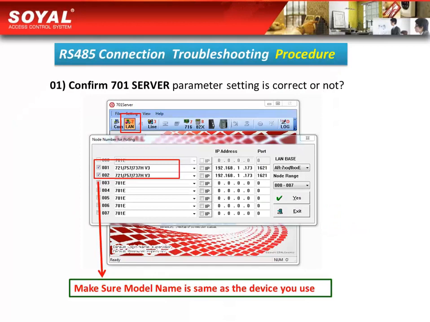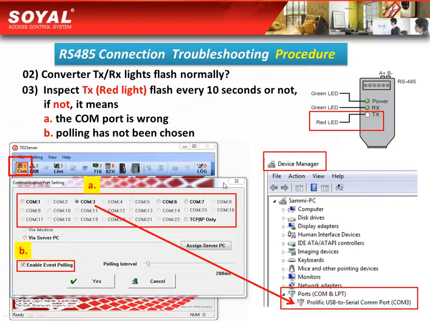If you find that your RS485 connects unsuccessfully, here are the solutions. First, confirm whether the 701 server parameter setting is correct or not, and make sure that the model name you choose is correct. Second, observe whether the converter's TX or RX light flashes normally or not.